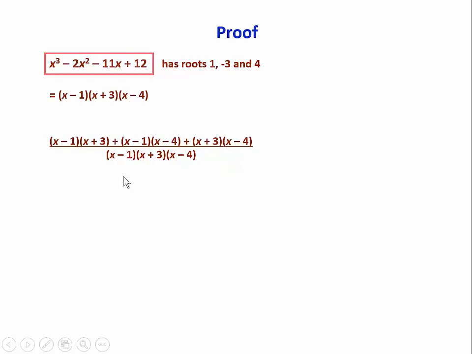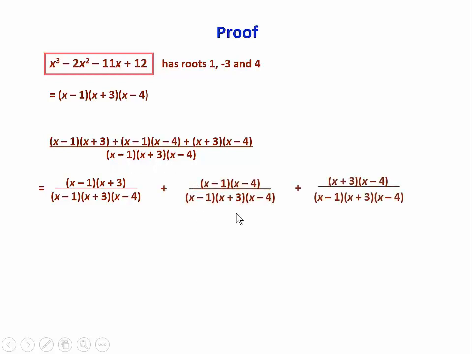And what we can do here is, as before, we can split this up into 3 fractions. So it's the first product there over this denominator, plus the second product over the same denominator, and the third. Then we can do some cancelling, and we simply get this.